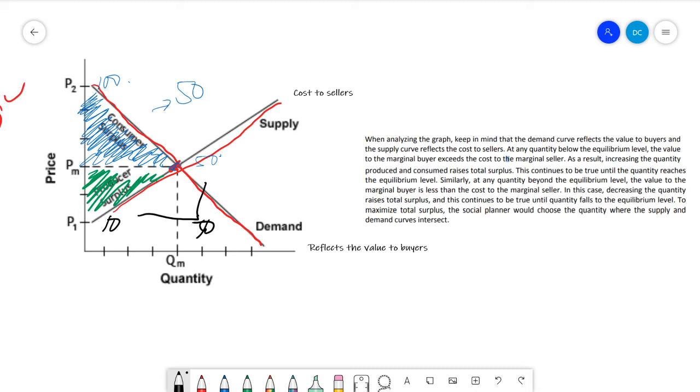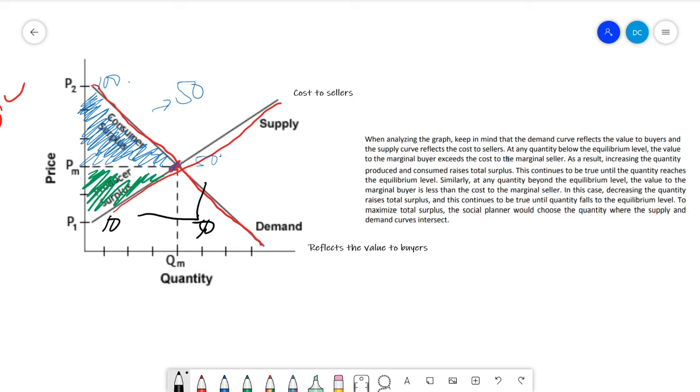Kapag yung pag-manufacture ng good or pag-render ng service ay napunta dun sa seller who can produce them at least cost. Ibig sabihin, pinakamababa yung cost of production. They can only utilize minimal resources para ma-produce yung good or ma-render yung service. Ibig sabihin, the market is efficient kapag napupunta sa kanila.